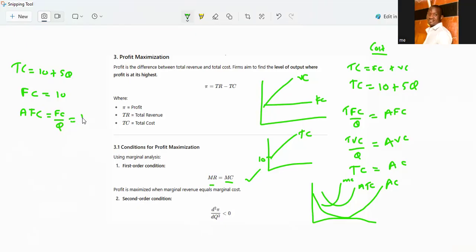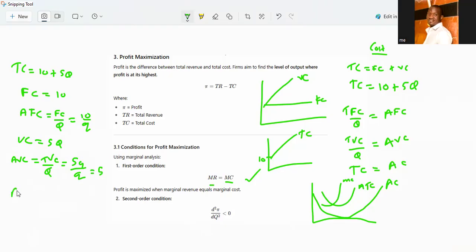So 10 per Q. And the variable cost is 5Q. When you divide the variable cost by quantity, it becomes the average variable cost. So we divide the total variable cost over quantity. So what is our total variable cost? 5Q. When you divide by Q, we're going to simply get a 5.